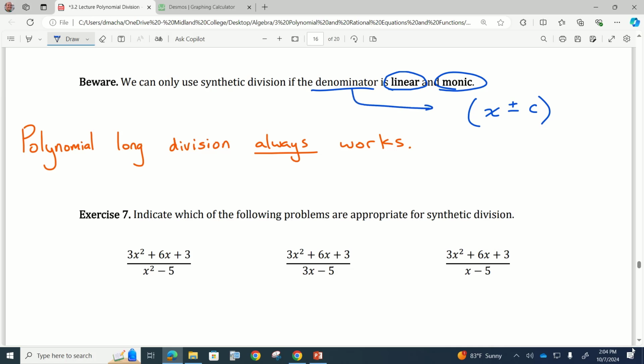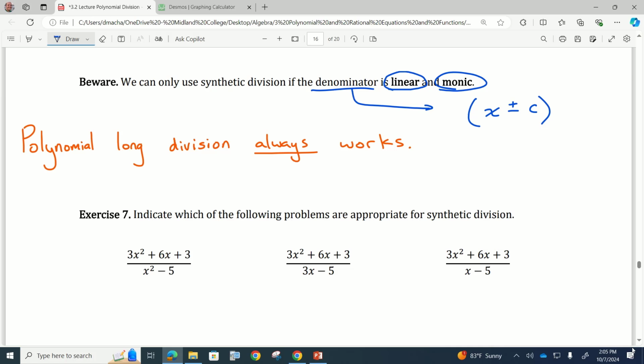Because if you have anything in front of the x, like you got 2x plus 3, sorry, the 2 makes it not monic. And it has to be monic. If you had x squared plus 3, well, too bad. X squared means it's not linear, and so it's not going to work. And so if your denominator is squared, then you would have something non-linear in the denominator, and so that wouldn't work.